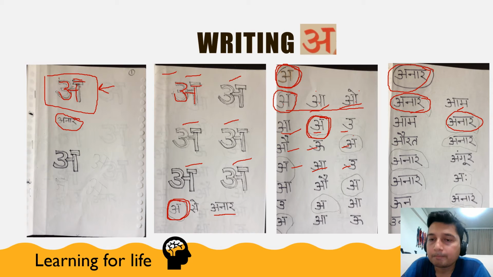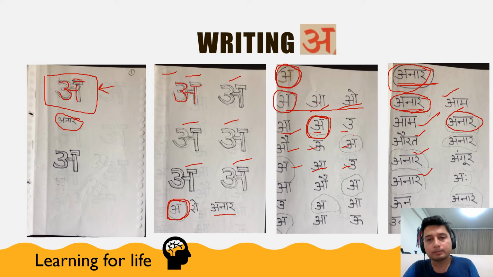And then what this worksheet would do is that they would develop a sight recognition for the word anar, and at the same time they would also be looking at other words like arm, aurat. These are the words which would be coming in the following worksheets. So that's pretty much about the first worksheet of the 4 pages. It's pretty comprehensive and gives a good insight to the child about the letter A for its practice and cross-referencing it with other letters.